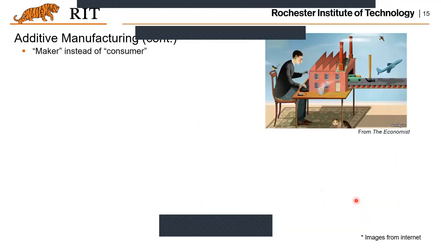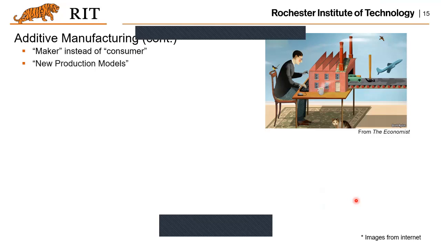And at some more underlying level, additive manufacturing basically changed the consumer from just waiting for the big companies' production to a maker who can design and fabricate their own products. That could enable some new production models.